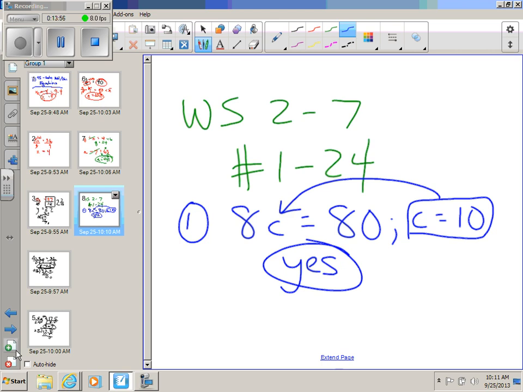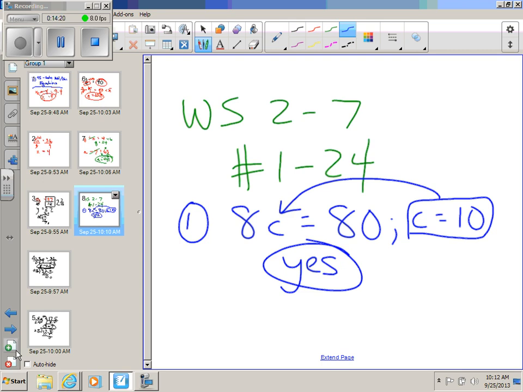That's for 1 through 12. Any questions on 1 through 12? 13 through 24, you just have to solve them. So you do exactly what we've been doing in class. Find out what each variable equals. If they're multiplying, use division. If they're dividing, use multiplication.